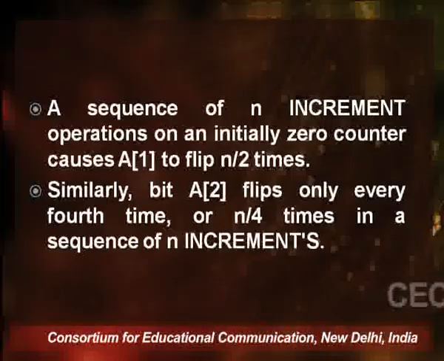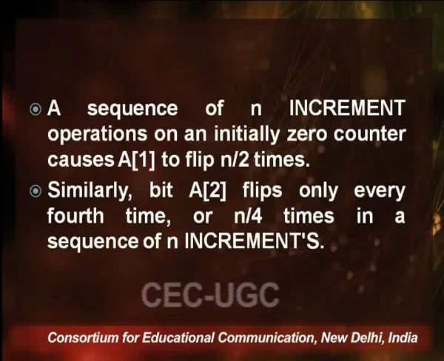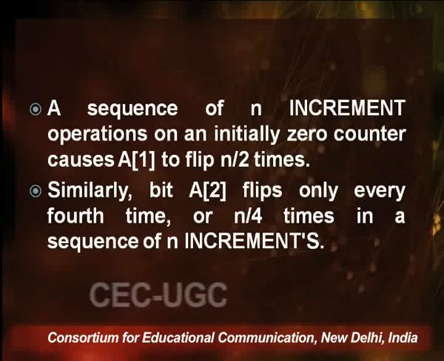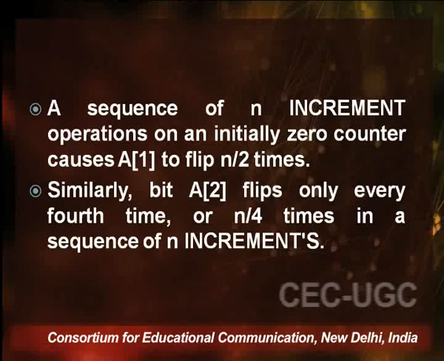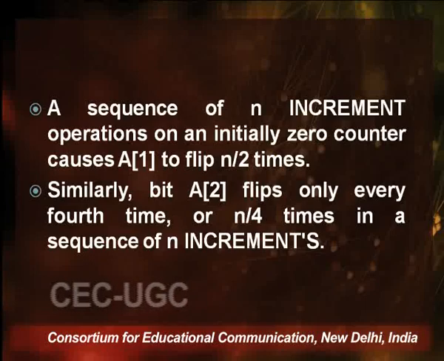Then coming to the next bit, A of 2, it is flipping once in every 4 times. So a sequence of n increment operations causes A1 to flip n by 2 times. Similarly, the bit A2 will flip once in 4 increments, which is n by 4 times in a sequence of n increments.